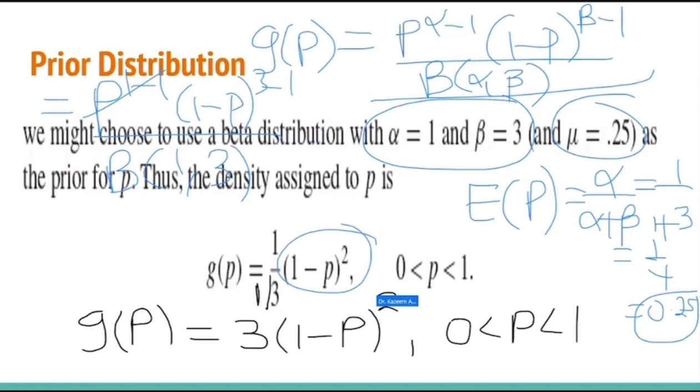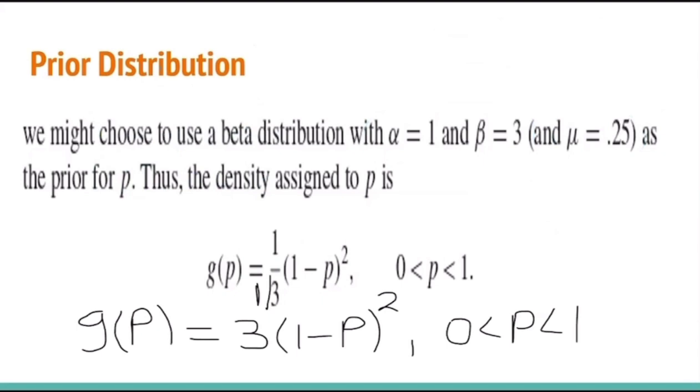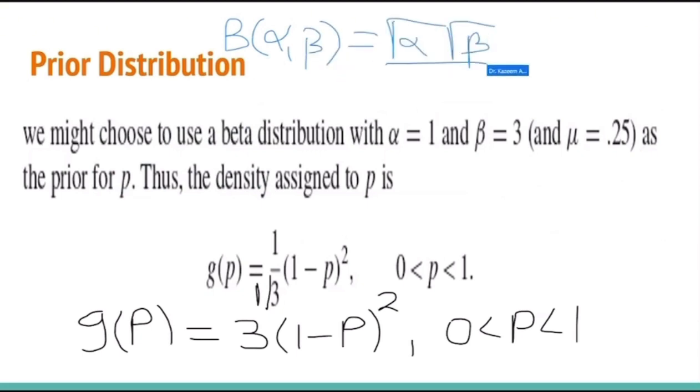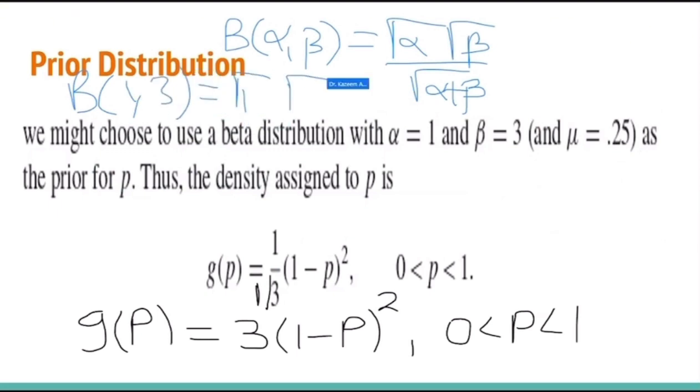And of course, if I want to know B of 1, 3, you need to remember the non-integral definition of a beta function. That's gamma alpha, gamma beta divided by gamma alpha plus beta. So I'm going to have gamma 1, gamma 3, all divided by gamma 4.